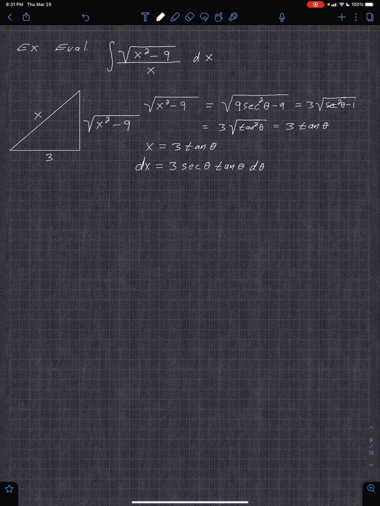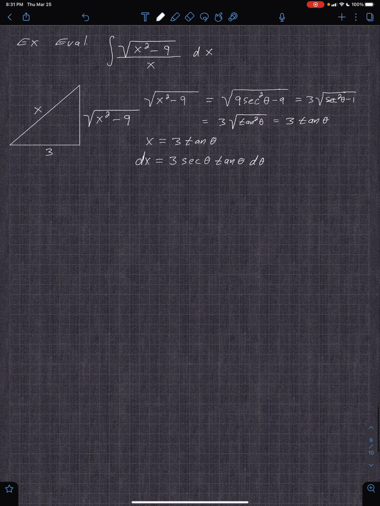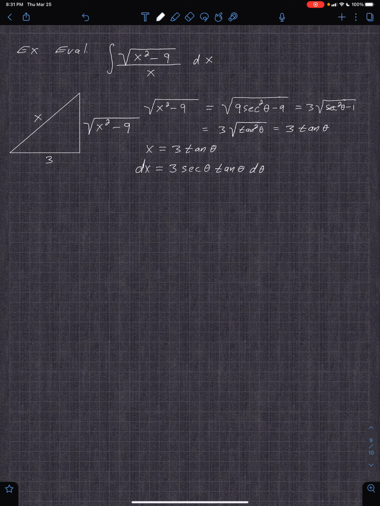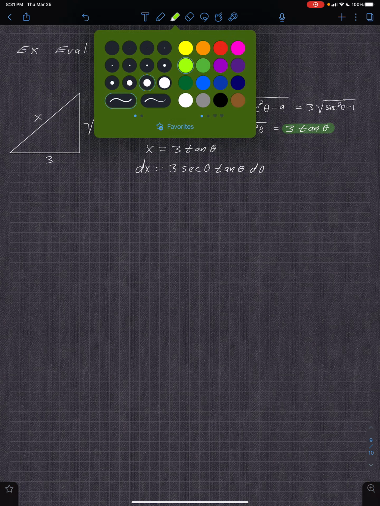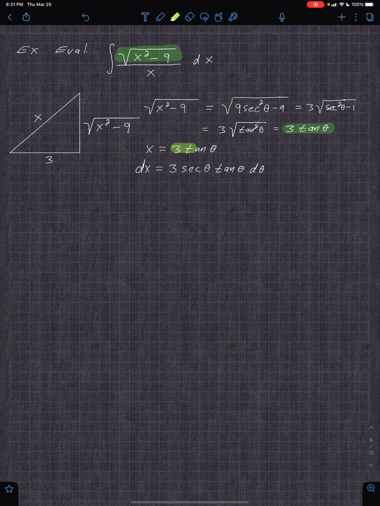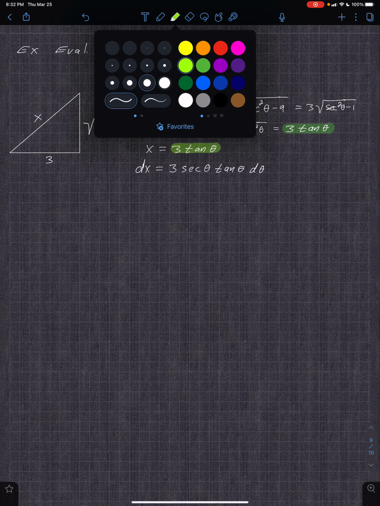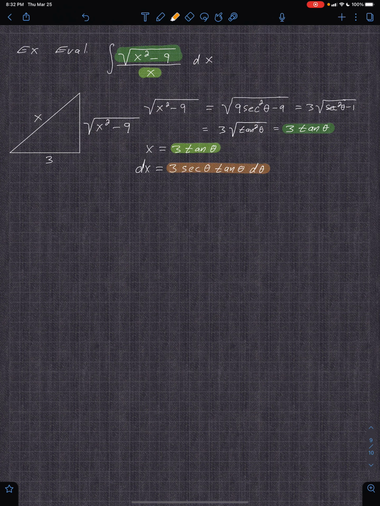I'm fixing my notes. I got the d theta in my other notes. So we have everything we need now to substitute. So the radical becomes 3 tan theta. The dx becomes all of this. We do need to substitute for x. So x will be this, and then my dx will be all of that.